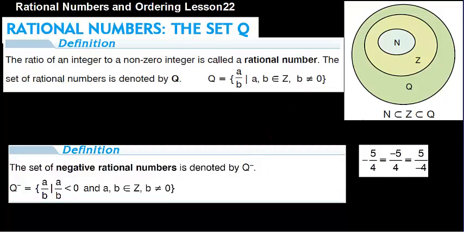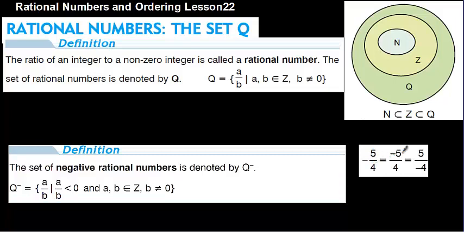Here we have the natural number set and the integers, and Q is enlarging Z and the natural numbers. So when we write it in subset form, the natural numbers are a subset of Z, and Z is a subset of Q. While notating negative rational numbers, it is given like minus 5 over 4.